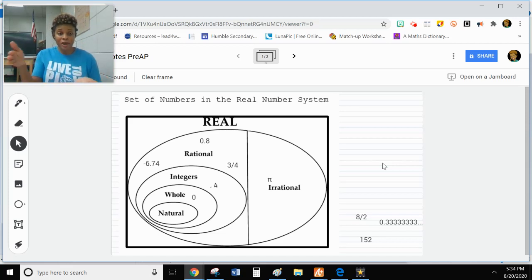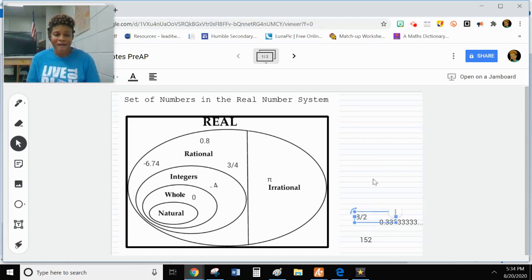That's the first set I would see it. And then it would be included in all the subsets, because natural numbers make up whole numbers make up integers make up rational. So remember the cups, how they stack up, or remember the bags, how the natural numbers went inside the whole numbers and the whole numbers went inside the integers and the integers went inside the rational. So -4 would first start at integer.